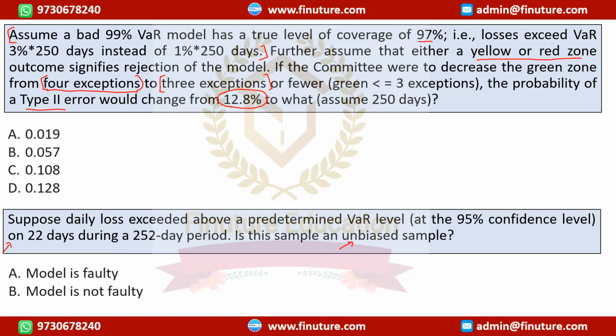Unbiased means an accurate model; ideally the option should have been yes or no, but we can still conclude the model is faulty or the model is not faulty. The question is, we need to conclude if the model is faulty or not. Out of 250 days, there are 22 days on which the VaR calculated by the model is exceeded. So we need to conclude if the value at risk model is accurate or faulty.